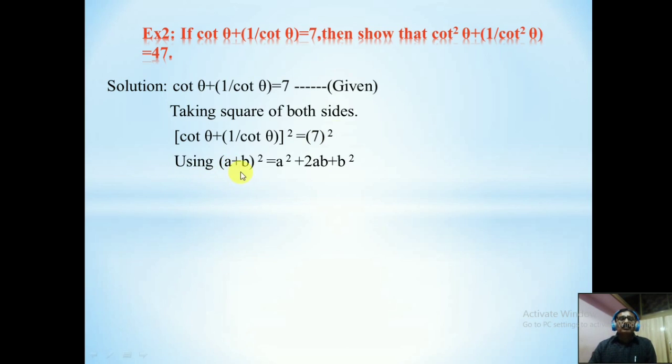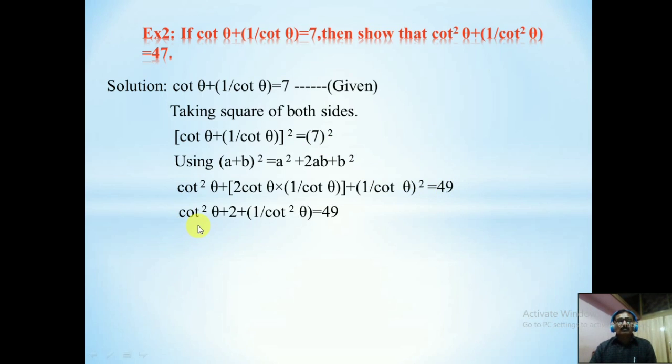Using (a plus b) whole square is equal to a square plus 2ab plus b square, we get cot square theta plus 2 into cot theta into 1 upon cot theta plus (1 upon cot theta) whole square is equal to 49. Therefore, cot square theta plus 2.